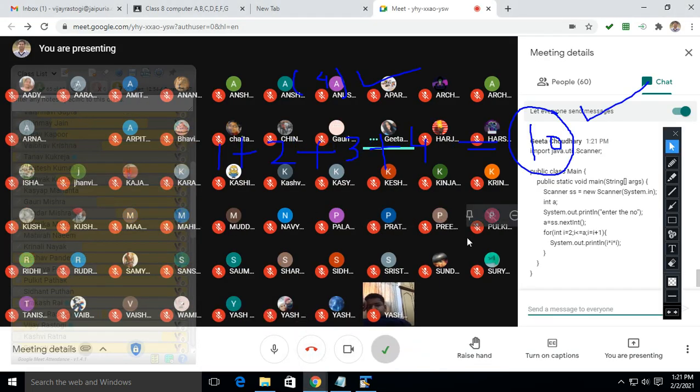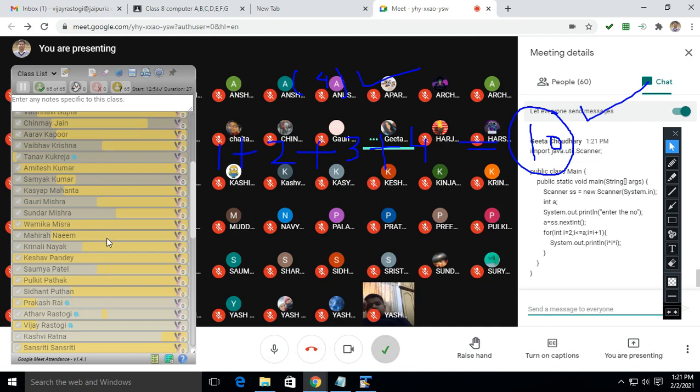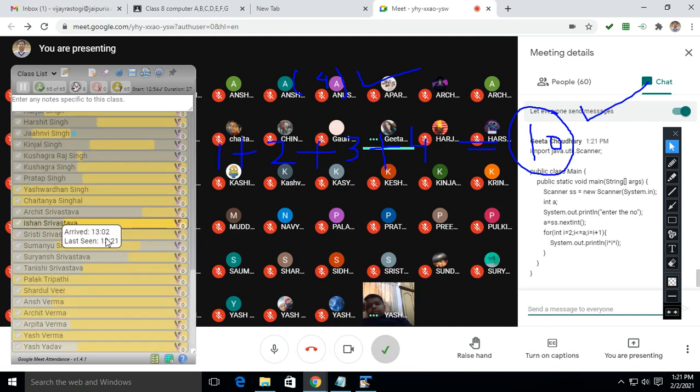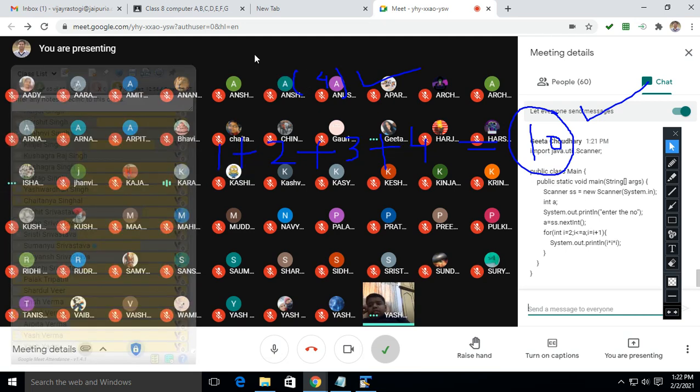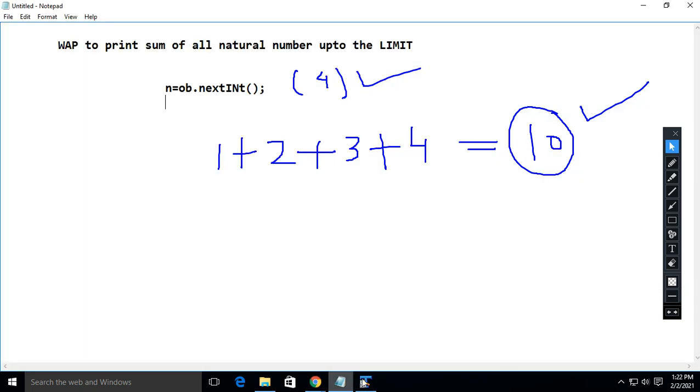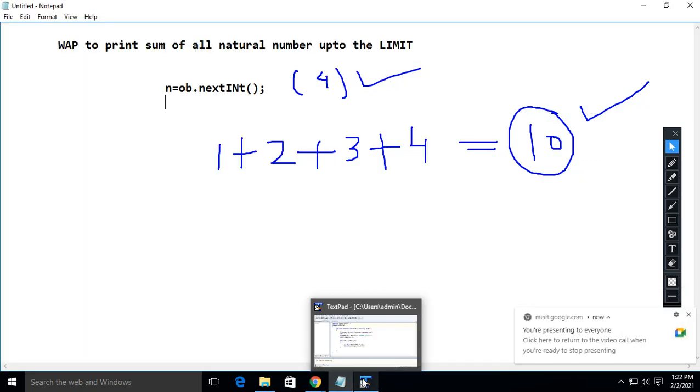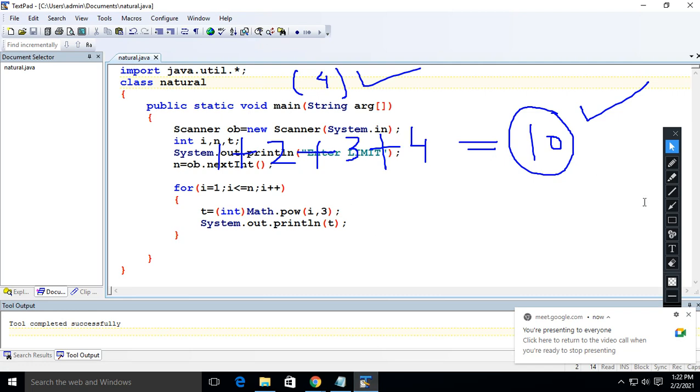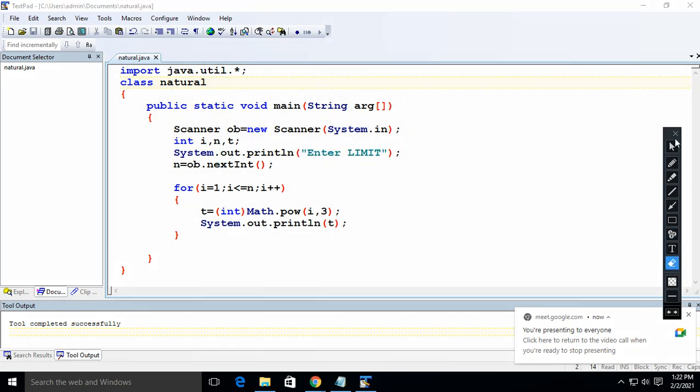Am I clear? Is the logic clear or not? Yes, sir. Okay, now this is a new thing which we are going to understand. Whenever we are doing this type of question in which we are generating a single output, we need one more variable like s equals to 0.